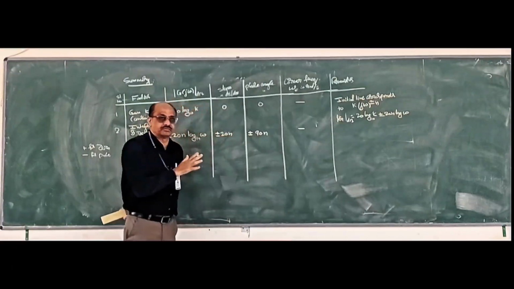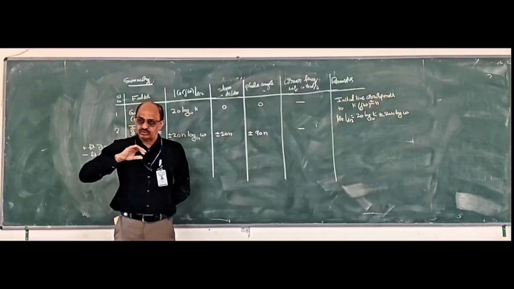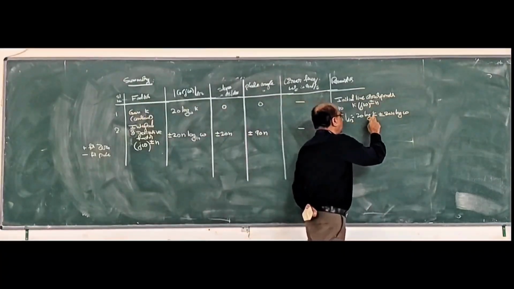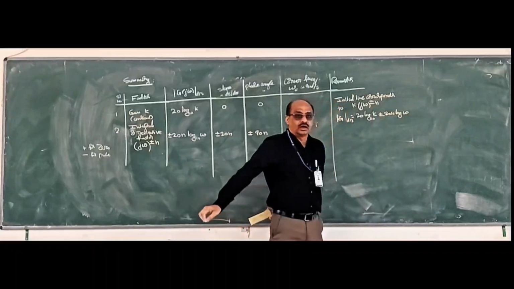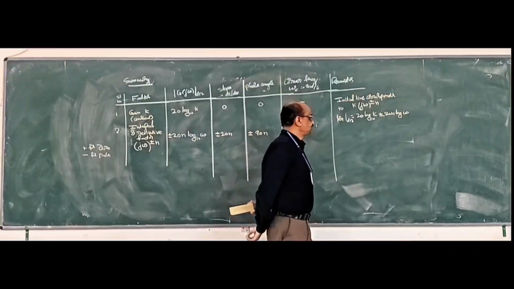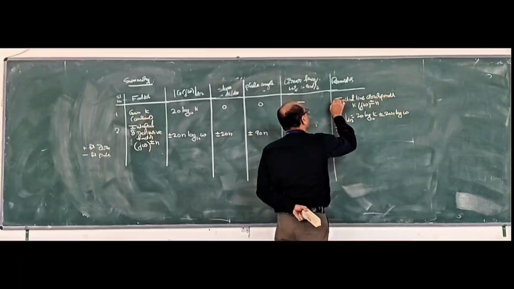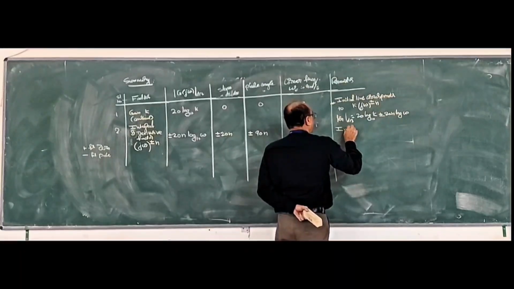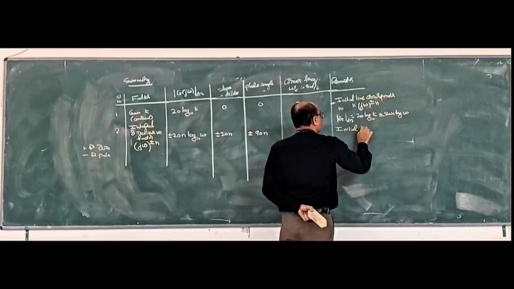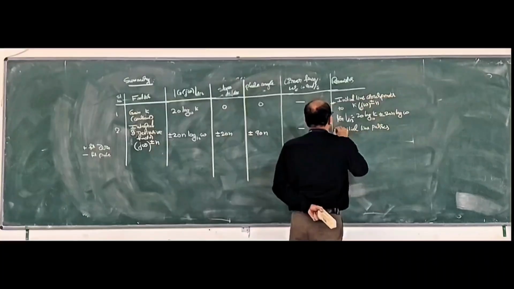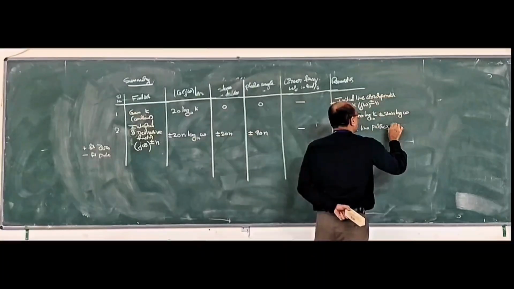You can take them separately, but the initial line I have to consider later. I will tell you that. So 20 log K plus or minus 20 n log omega. Now this initial line, second point: the initial line passes through the 0 dB line.